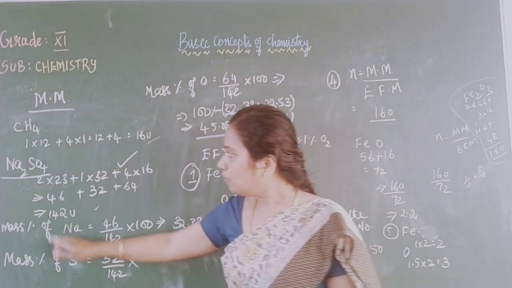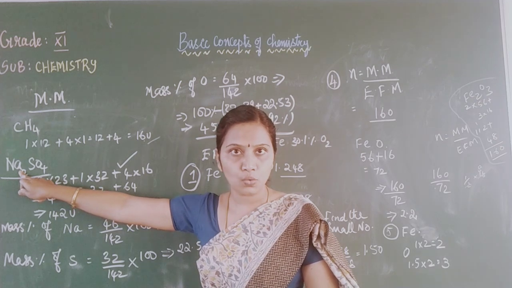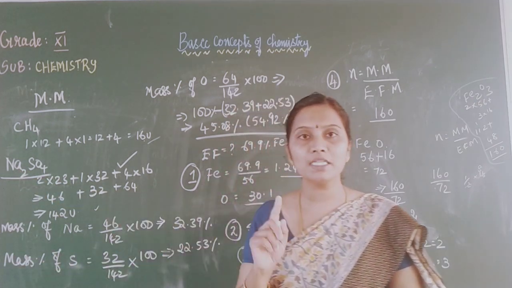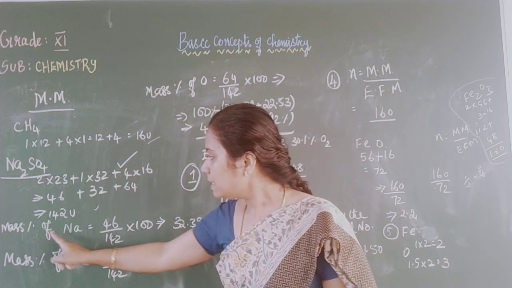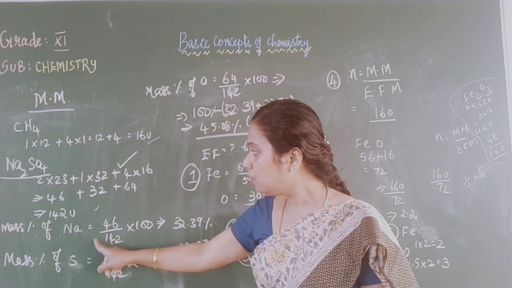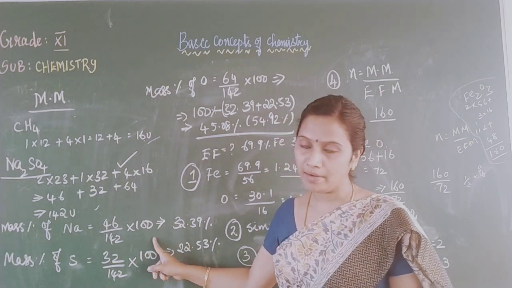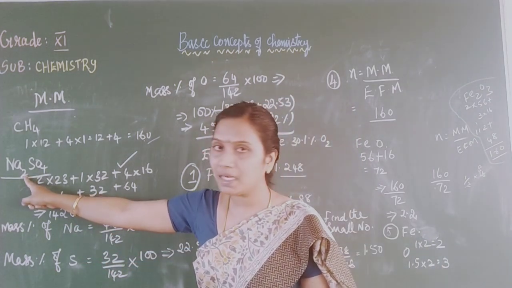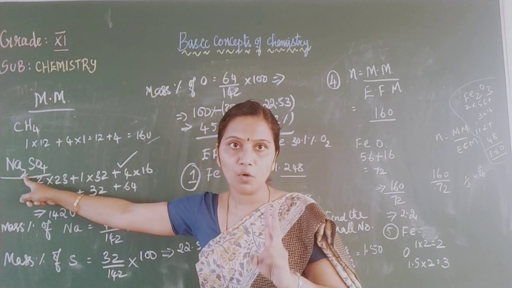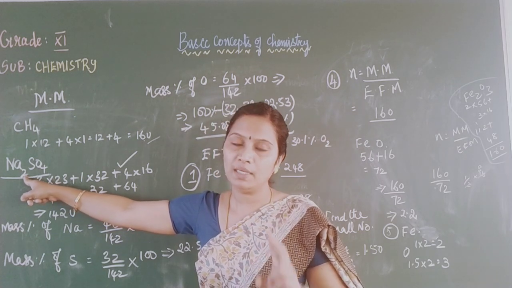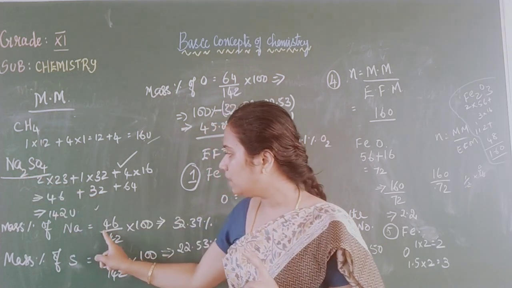Okay. Now, what is the first element, children? Sodium. So, I have to calculate mass percentage of sodium. Mass percentage of sodium is equal to atomic mass of sodium by molecular mass into 100. Just see how many sodium atoms are present, children? 2 sodium atoms. What is the atomic mass of sodium? 23. 2 into 23 is 46.